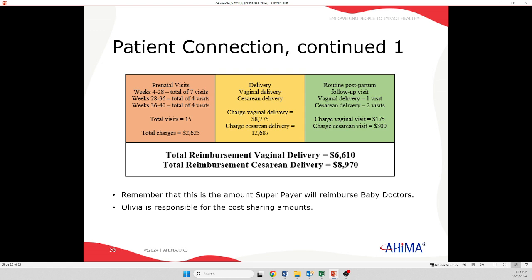Reimbursement, of course, is going to be higher for cesarean than it will be for a vaginal. And then also, she will be responsible for cost sharing.